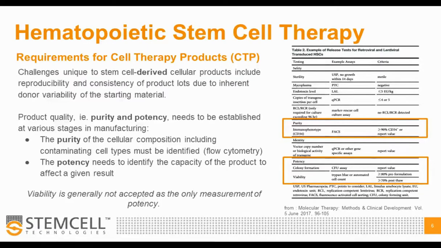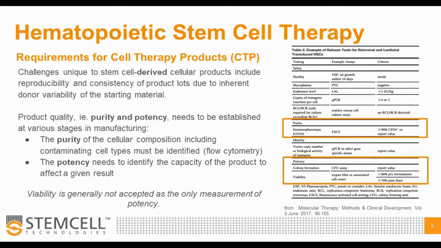For purity, they use flow based on really the only marker that identifies hematopoietic stem cells, and that's CD34 positivity. For them, they wanted their release criteria to be greater than 90% if possible, or report the value, recognizing that when you do the clinical trial, you'll actually find out if 90% is necessary, or if you can get away with something like 85%.